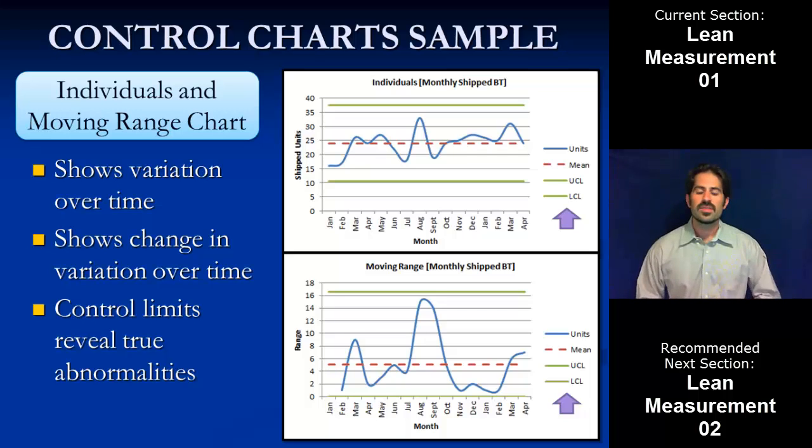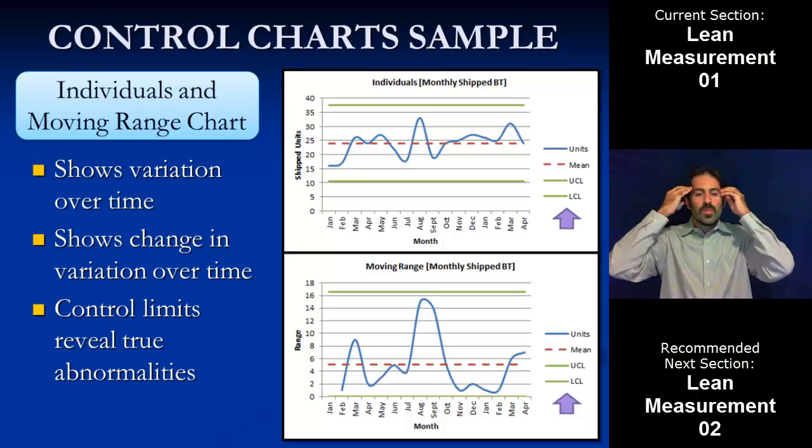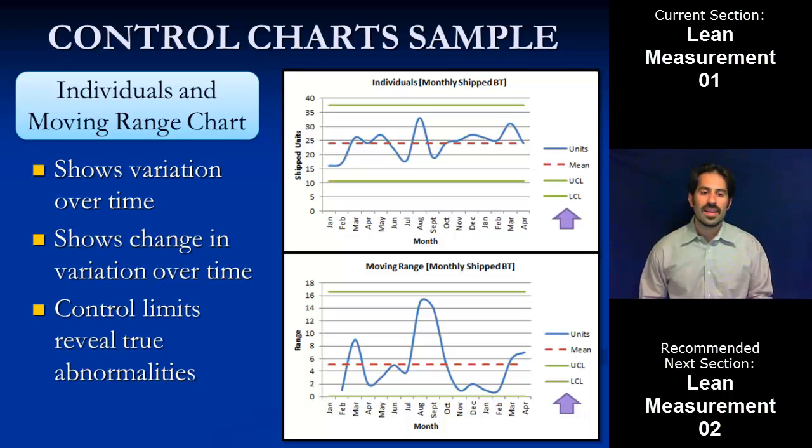But what we do with these is we calculate these things called control limits, and you can see them here on the chart in the green lines. The arrows on the chart show them in the index. They're calculated. There's a formula for it that uses our regular data to come up with these control limits, and they let us know that if anything crosses that control limit, either above or below, that's real.